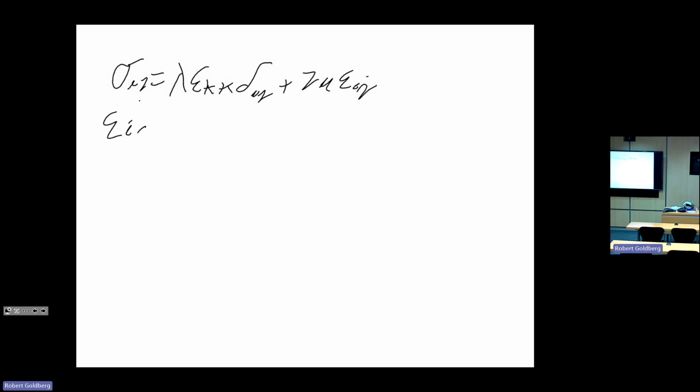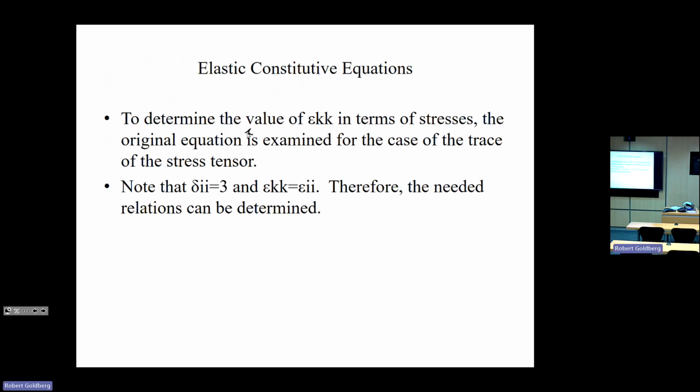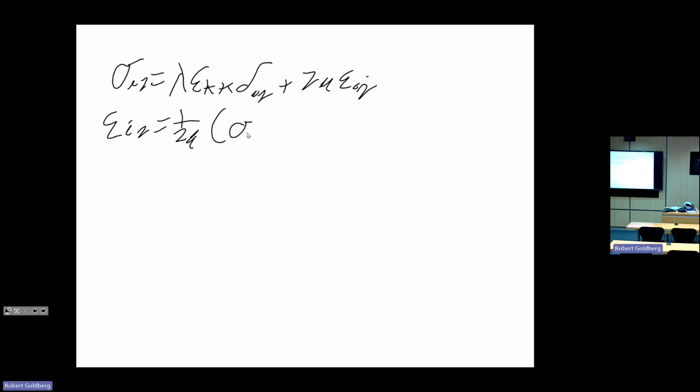So epsilon ij is equal to 1 over 2 mu times sigma ij minus lambda epsilon kk delta ij.